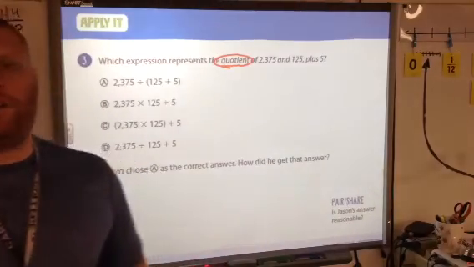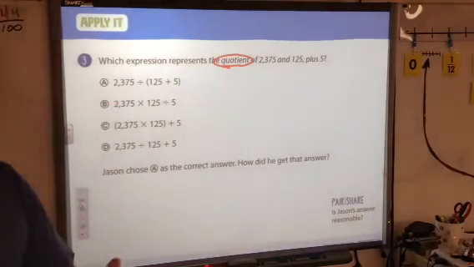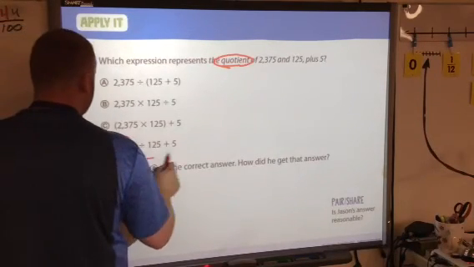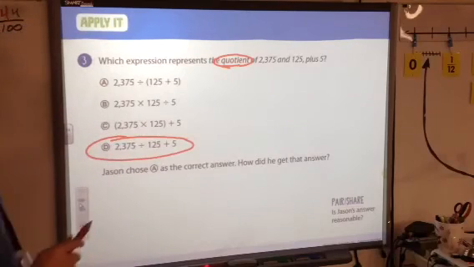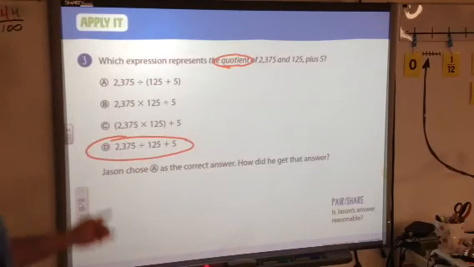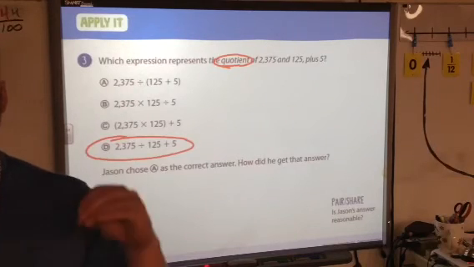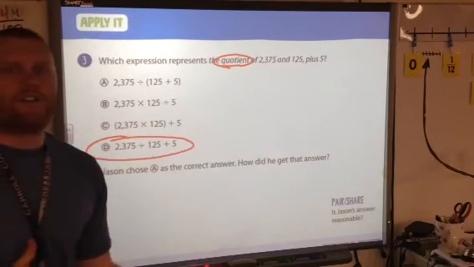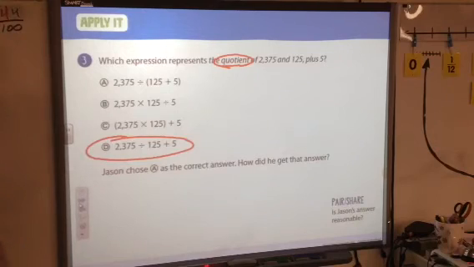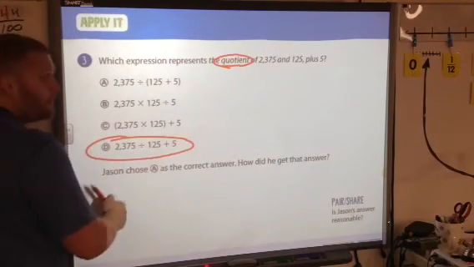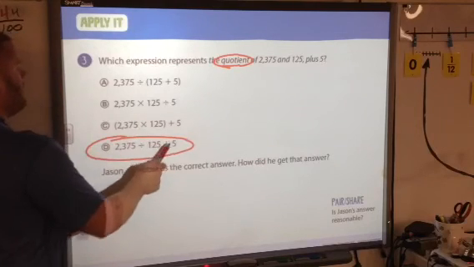Division or addition? Well, it's division, right? So technically, it's this guy right here. Now, it doesn't have parentheses, but it's correct because if you follow order of operations, you know that you will do division before addition anyways. So if I would do this, I would divide 2,375 by 125, and then after that I would add 5.